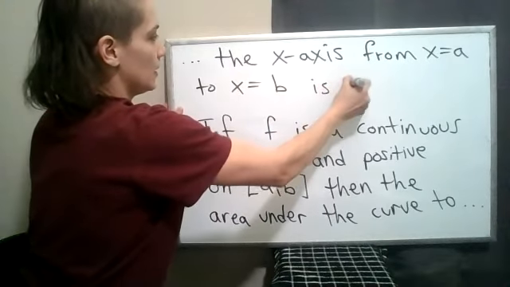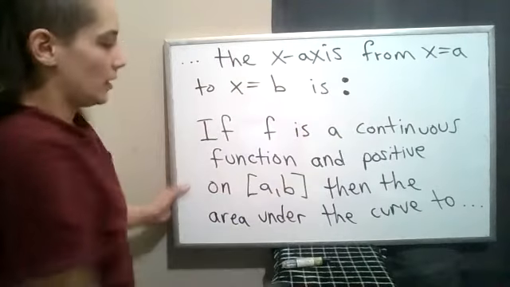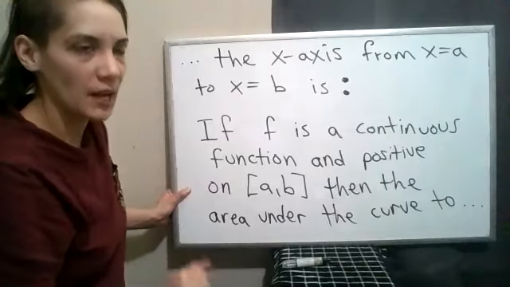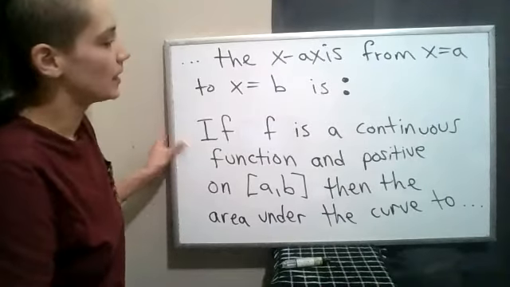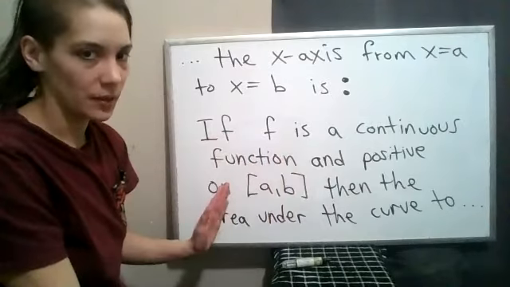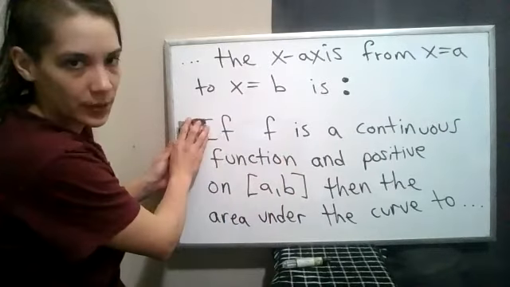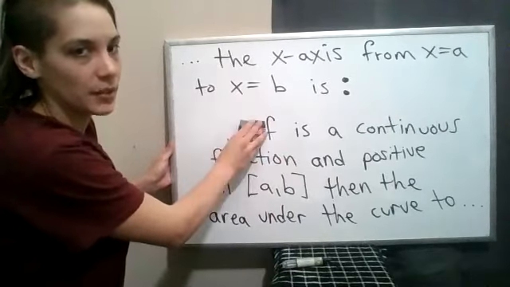Okay, I think I'm going to go ahead and use capital A for area. So our area is approximately the sum of a bunch of rectangles. So this is how we're going to write it, and then of course a picture will help.